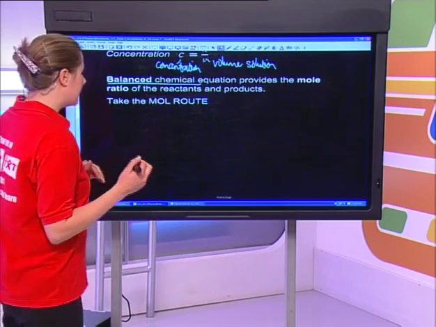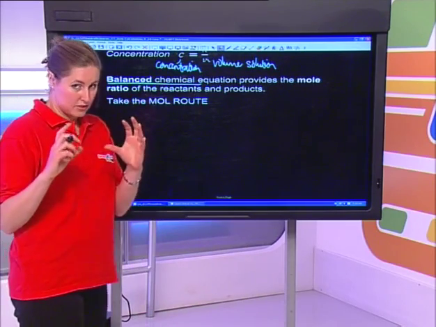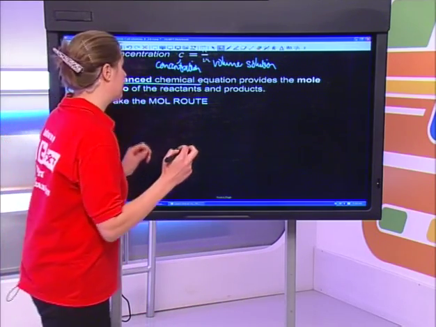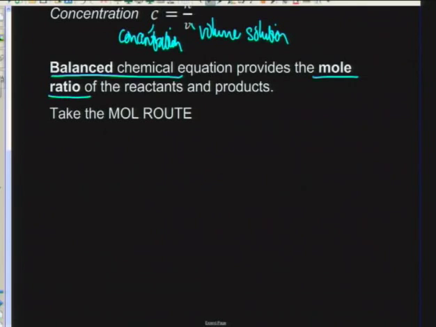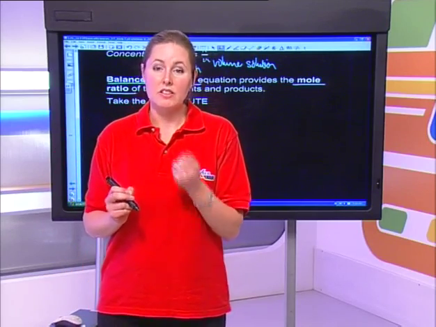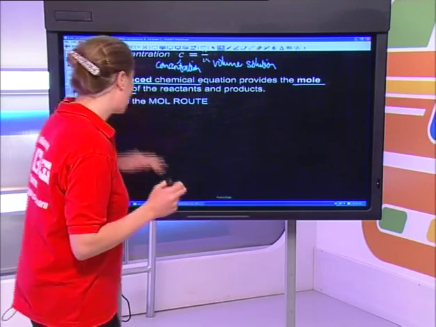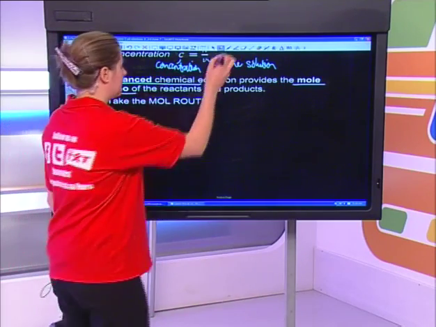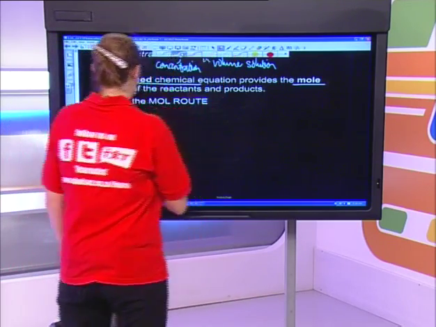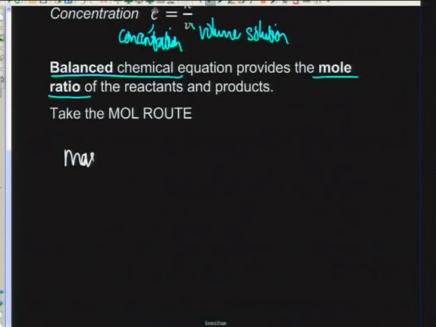The big balancing numbers in the front are going to provide the mole ratio of the reactants and the products. I'm going to highly recommend that you take the mole route. So maybe you're working with the mass of something. You convert that mass into a number of moles.